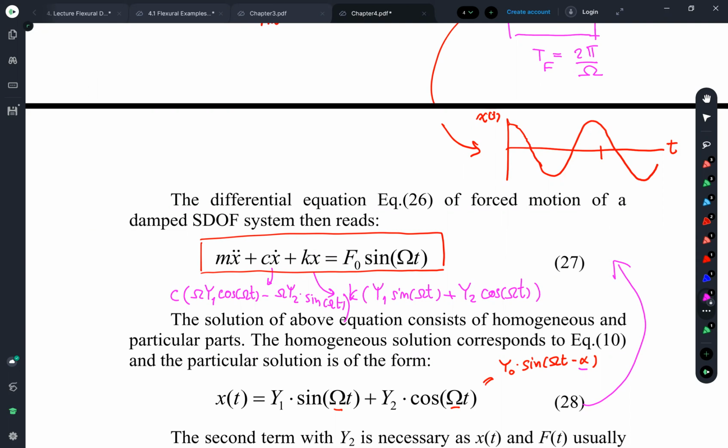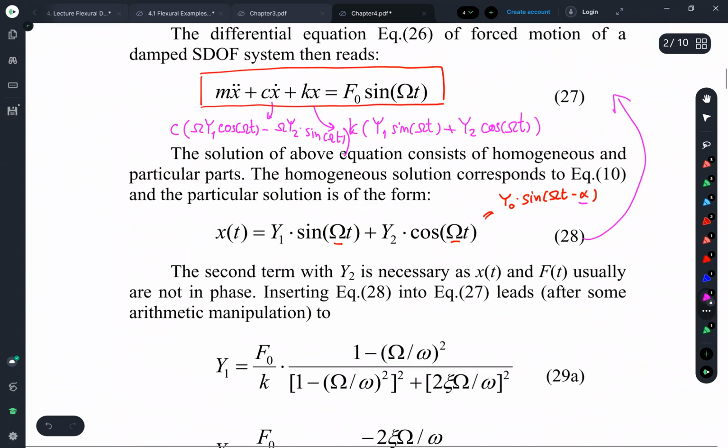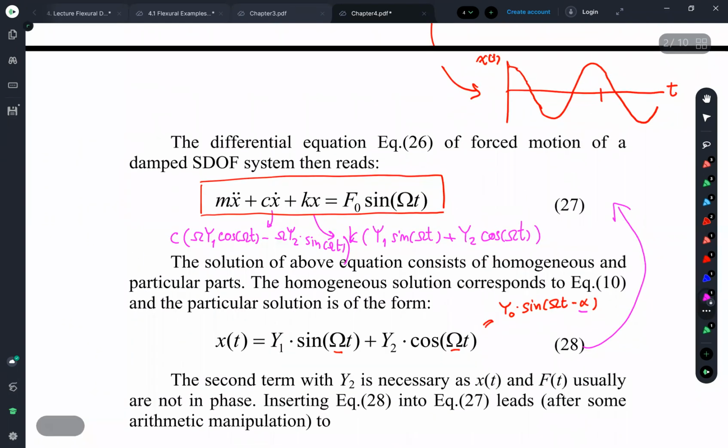Once you introduce 28 into 27, on the left-hand side you have many terms now, but all of the terms contain sine and cosine of big omega t. What you have to do is make the left and right hand sides equal from equation number 27.